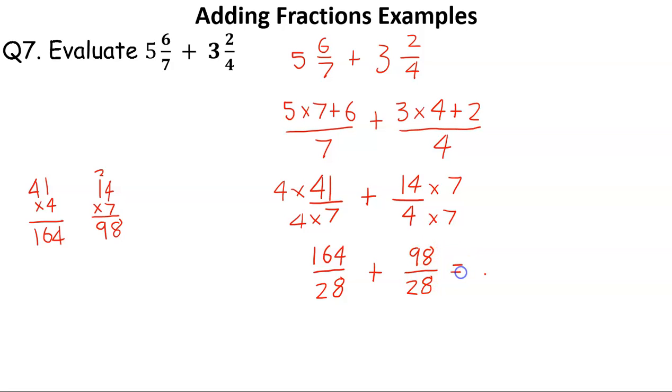Now I need to go ahead and do the addition. The way that we would do this addition is, I would set it up as an algorithm. First of all, we know what our denominator is going to be, so we can put that in there. But I'll do the addition as an algorithm. 164 plus 98.